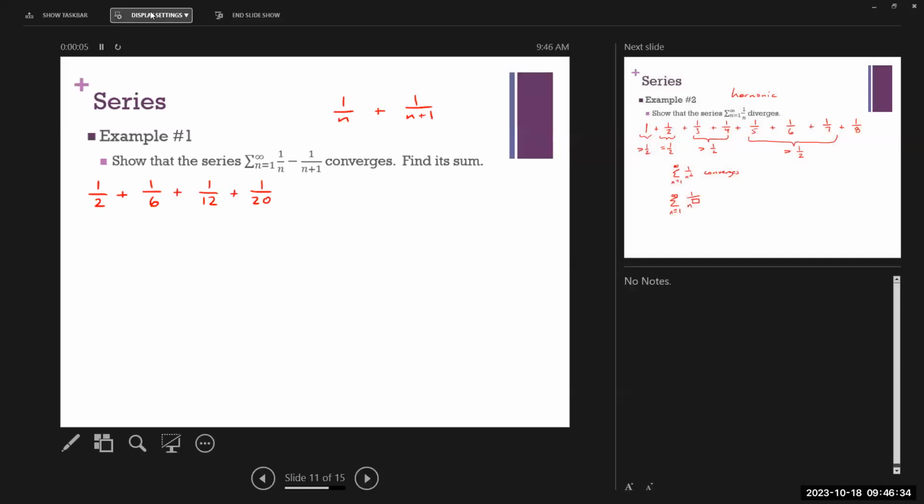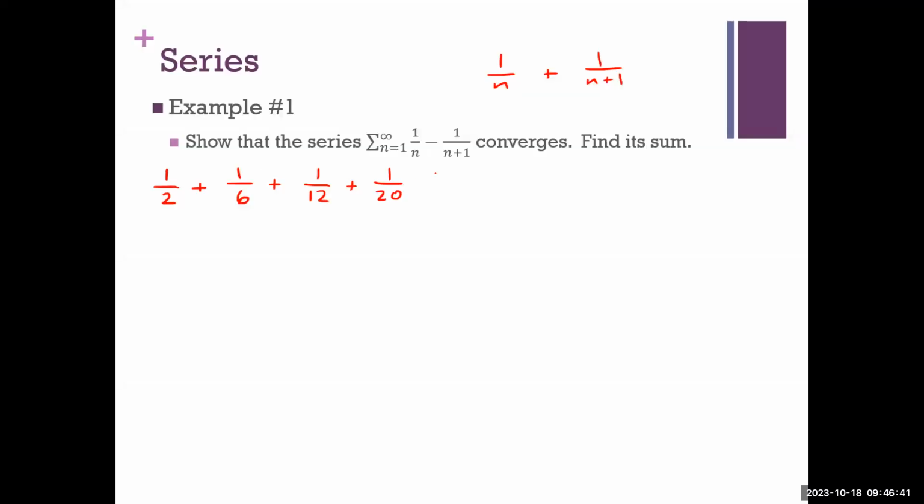So I want to look at the first few terms in the series. I think I can erase these, can I? Nope, they're stuck. So disregard. Now let's find the first few terms in the series. What is the first term?